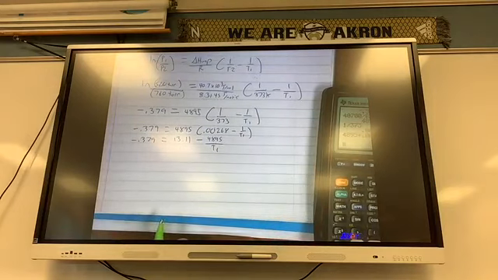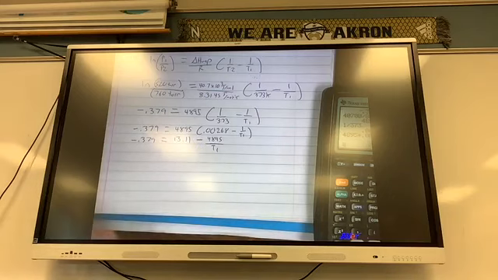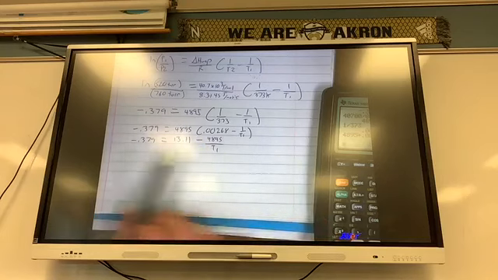Don't I need to add this to both sides first? There are lots of ways you can do this.